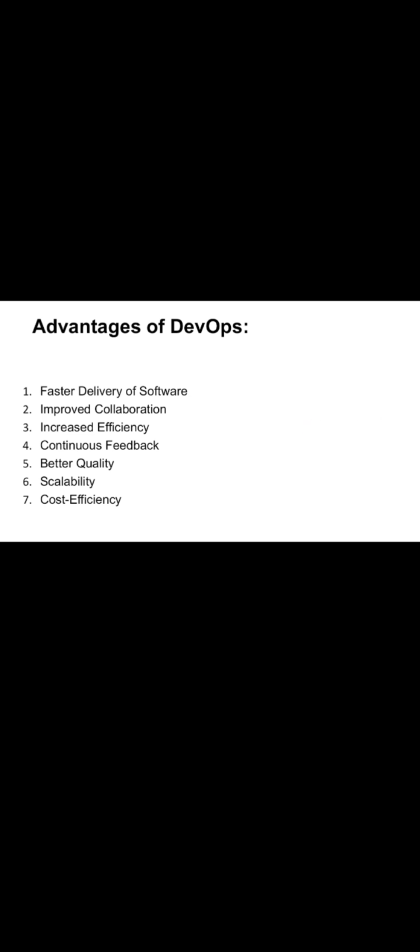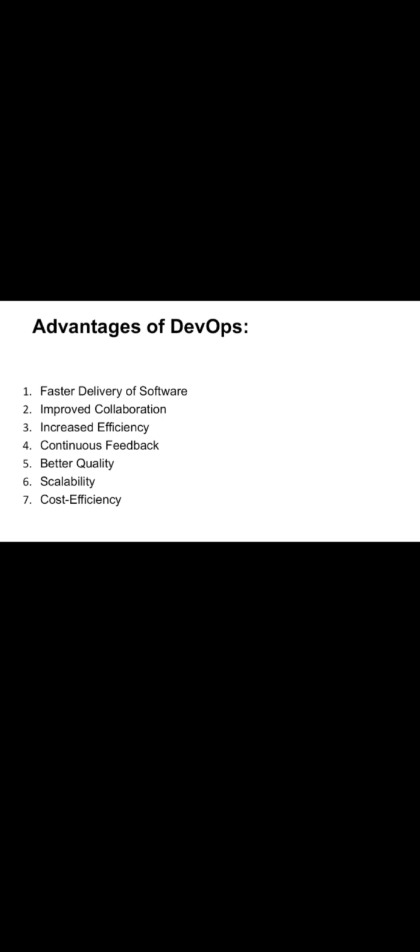Increased efficiency is nothing but reducing human errors and accelerating the development and deployment process, making the overall workflow more efficient. Next, continuous feedback. DevOps encourages a continuous feedback loop because it allows the team to receive feedback from users and stakeholders early in the development cycle, leading to quicker adjustments and improvements.